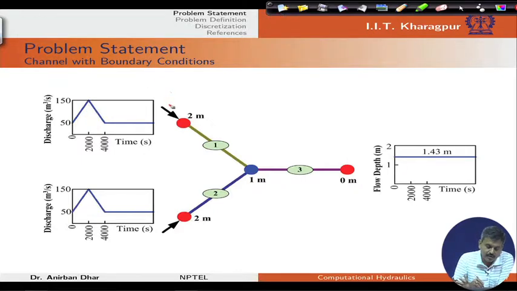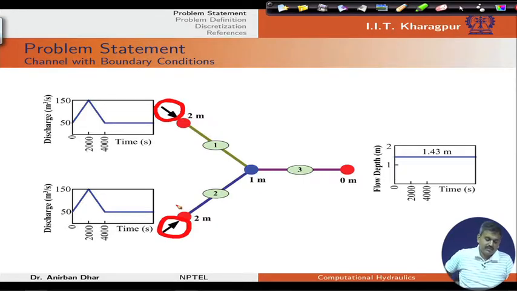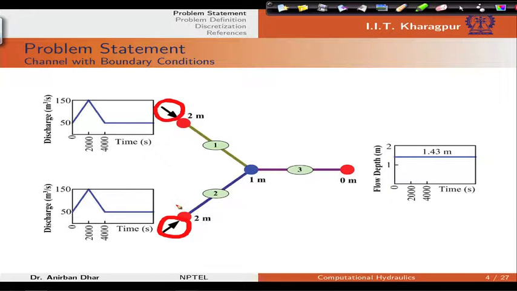So, we have two inflow junctions 1 and 2, and for both of these junctions we have specified discharge condition, and this discharge condition is time varying.